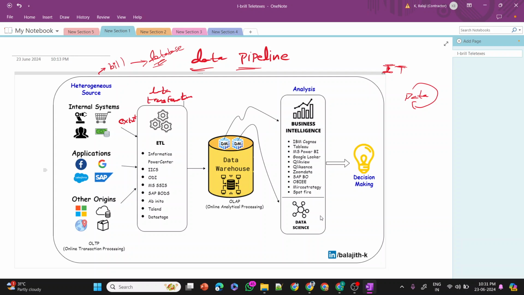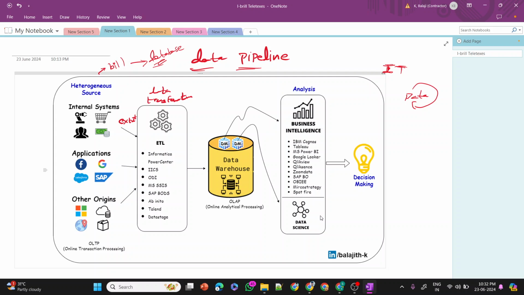Or otherwise, we can get the data and develop an ML model. The ML model will understand the overall data and learn the patterns inside the data.